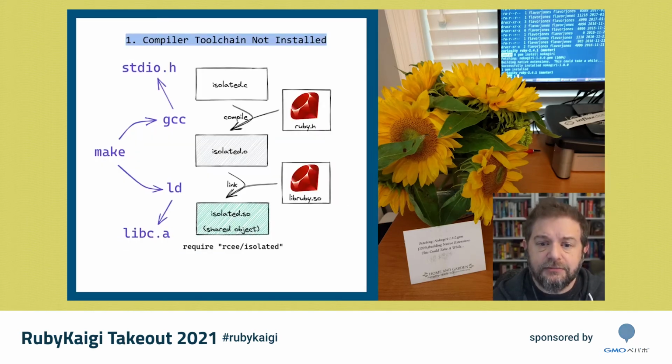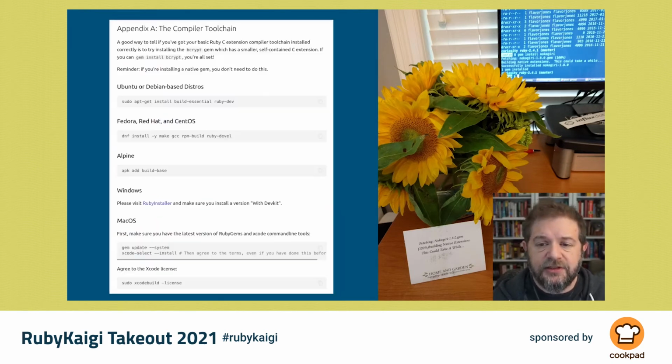The first thing, users need to have a compiler toolchain. That's the compiler, the linker, a make tool of some kind, and they need appropriate system header files and libraries. Now, this is such a common problem that the Nokogiri documentation site has a separate section just on getting those basics installed. Most Linux distros will offer a meta package like Build Essentials that will take care of this for you.